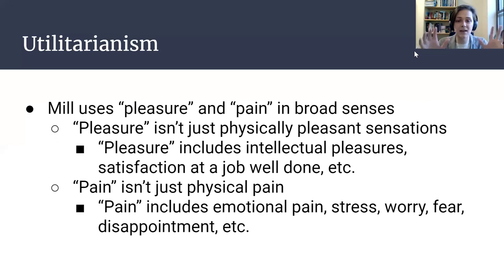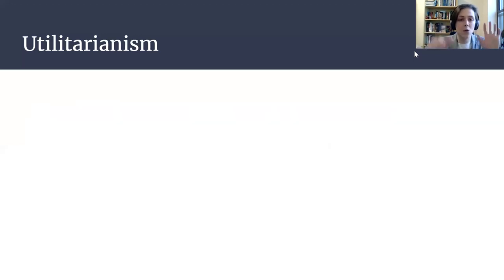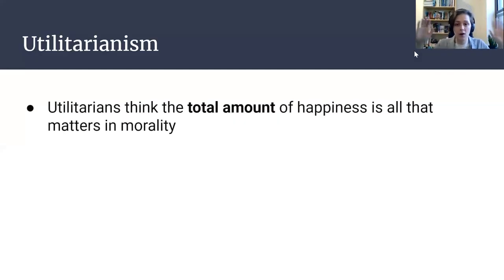And that is ultimately what morality comes down to for utilitarians. Pleasure, broadly construed, and pain, broadly construed, are the things that we should worry about when we're trying to figure out what the right thing to do is. Because utilitarians think that the total amount of happiness is all that matters in morality.